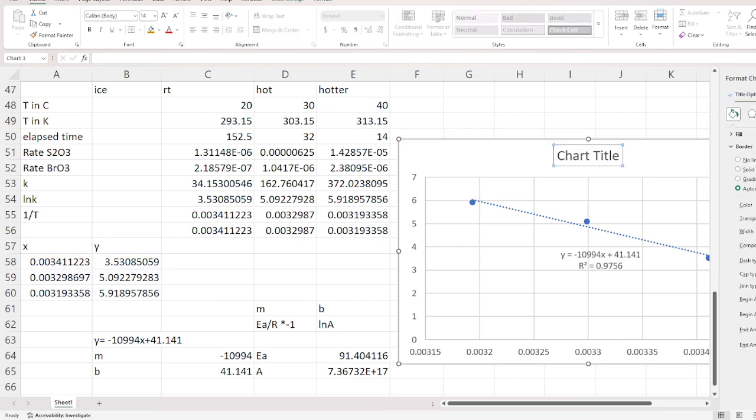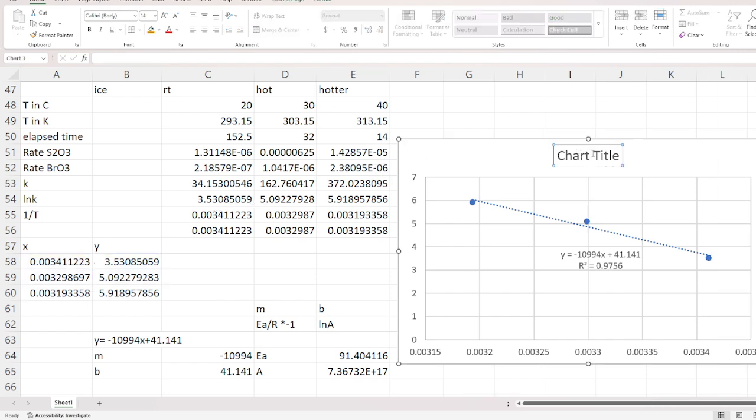If I wanted to label this chart, I could label it. But that's essentially what you're doing. If you can do that, you've done the most mathematically hard thing I could possibly ask of you. And you're smart people.